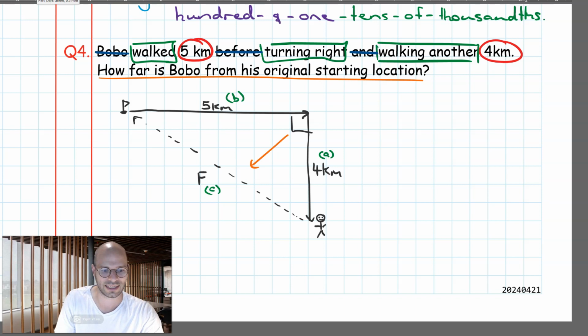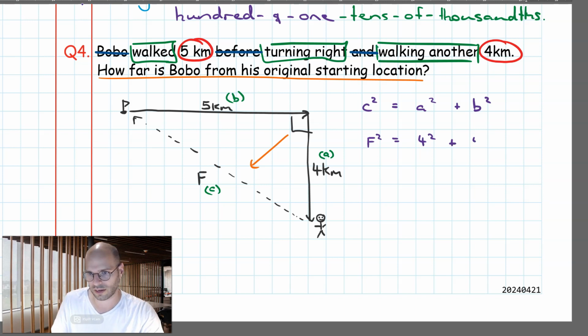You can call B A and A B, or A B and B A. All that matters is C is labelled correctly. Next, Pythagoras' theorem is C squared equals A squared plus B squared. I sub in my values. C is represented by the F, A is the 4, B is the 5.